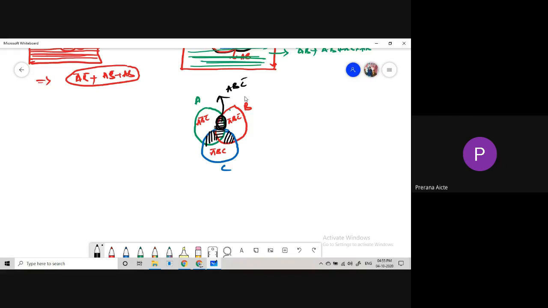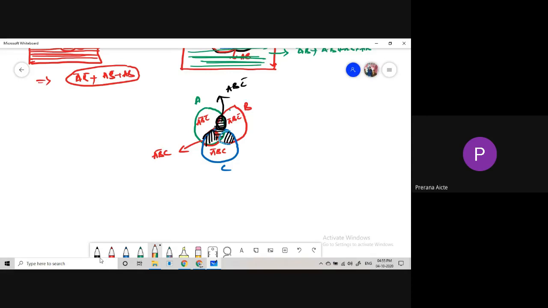So we are not including C, right? We are not taking the blue line. If I take this one, what is the value here? A B bar C, right? Yes, sir. Simply A B bar C. And if I take this one, it is nothing but A bar B C.